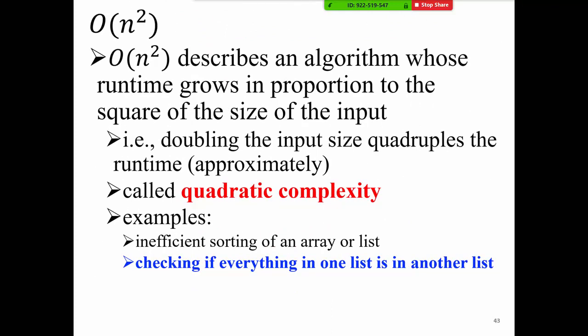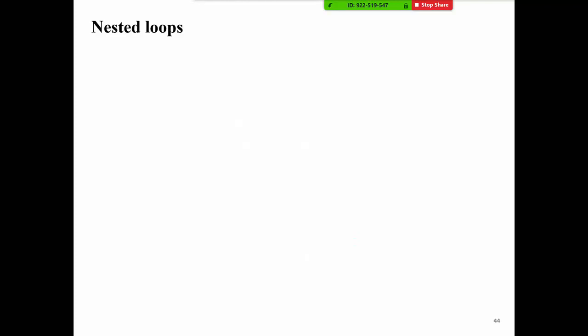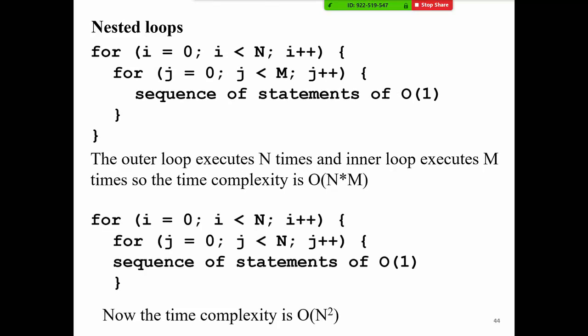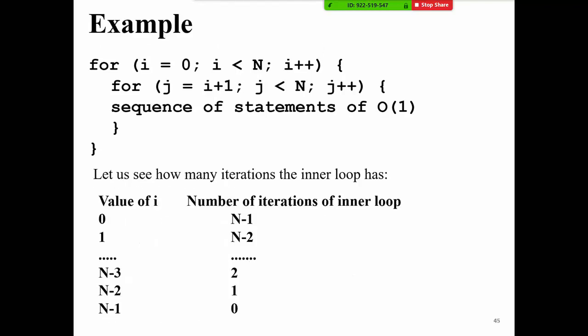A quadratic algorithm is worse. If the size of input is increased, the time will be n squared. So you can see if your size of array is 8 elements, it will move to 8 squared elements. Most of the time, nested for loops have a quadratic time complexity. Here it is n squared, or n times n, where m is different, but whenever you assume m is equal to n, you will receive n squared.